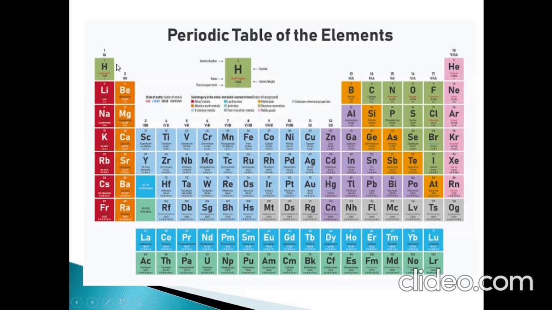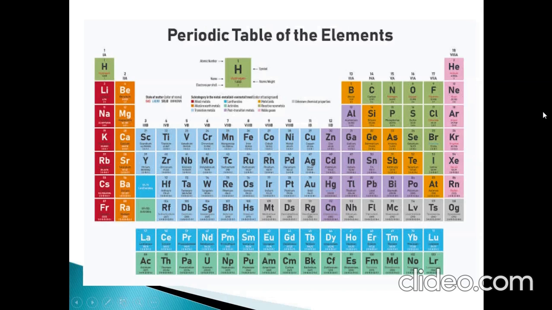For example, group 1 consists of 1 valence electron, group 2 consists of 2 valence electrons, group 3 consists of 3 valence electrons, group 4 consists of 4, group 5 consists of 5, group 6 consists of 6, group 7 consists of 7, and group 8 consists of 8 valence electrons.